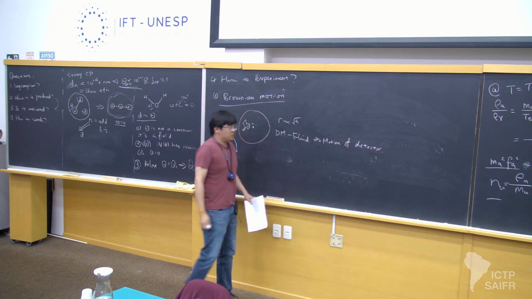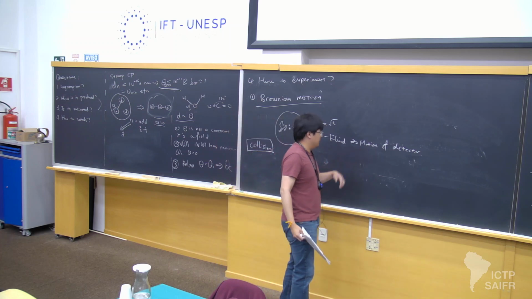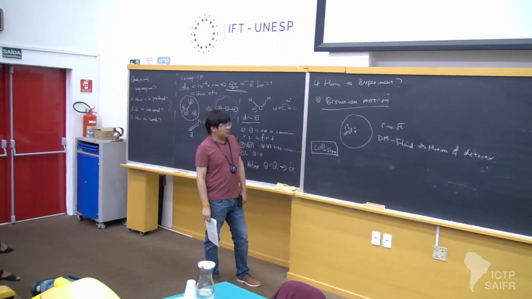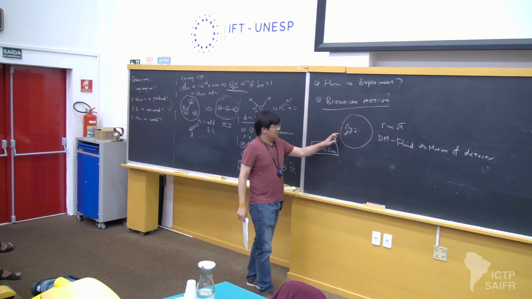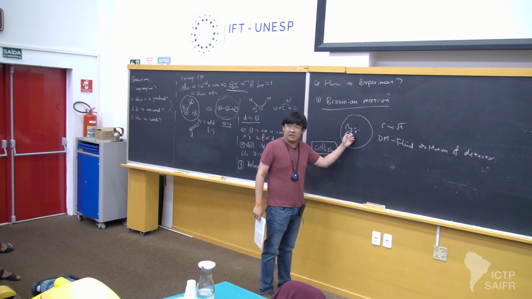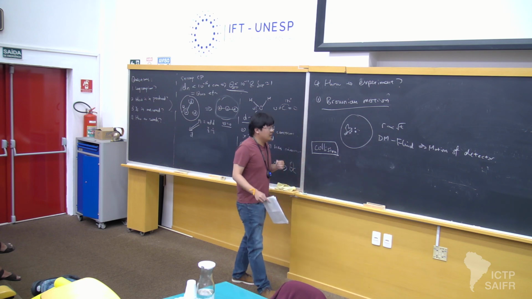So here, I don't necessarily mean the detector itself is moving in its central mass, but some component of the detector might be moving, right? And we'll see that, of course, not everything can be used to look for Brownian motion here. If you put me in a bathtub, I'm not going to experience Brownian motion. I'm too heavy, right?